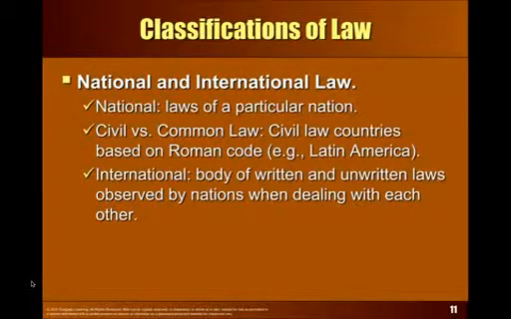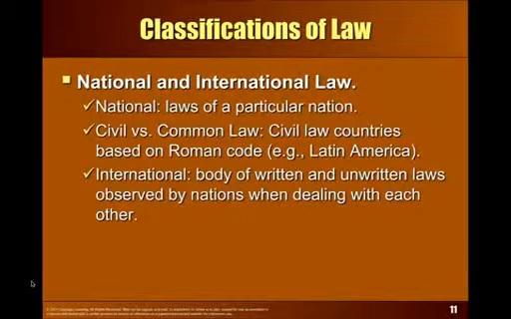So national versus international law. I think most folks get that. So either one country's law or law that relates to a number of countries. The one thing I want you to get out of this, without having to identify which country has which type of law, is that some countries use a civil law system and some countries use a common law system.